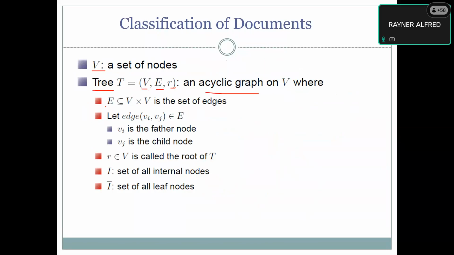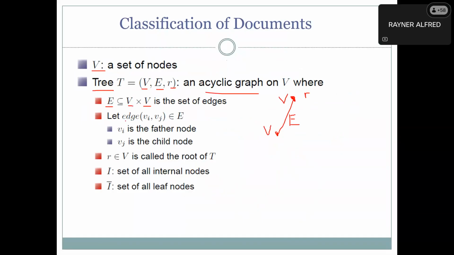The edges are a subset of the vertices that connect to another vertex. So this is our root, also called V, connecting to another V. So this is your edges.